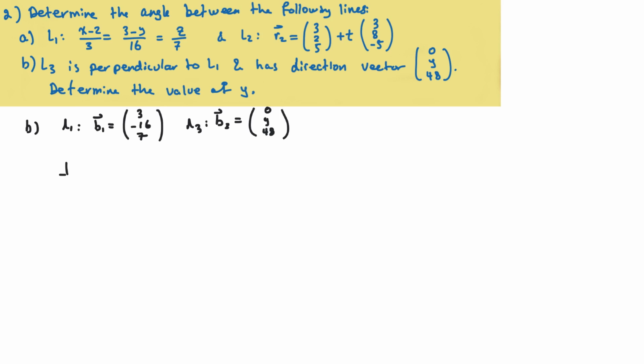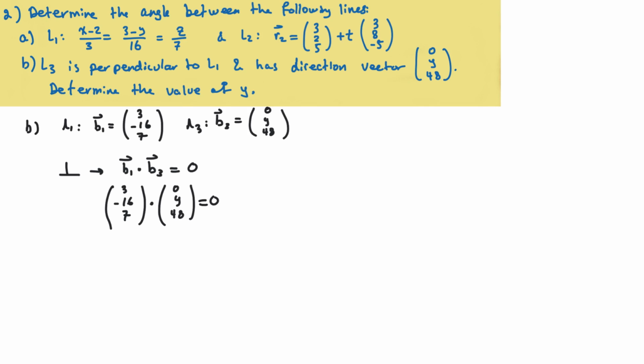For the lines to be perpendicular, B1 dot B3 is going to equal 0. So we write those components down: 3, negative 16, and 7 dotted with 0, y, 48 equals 0.